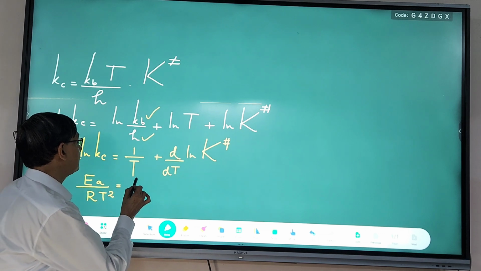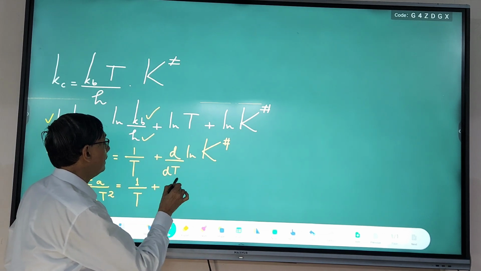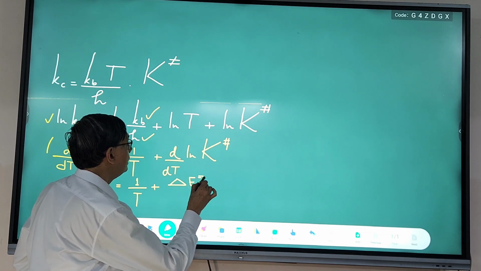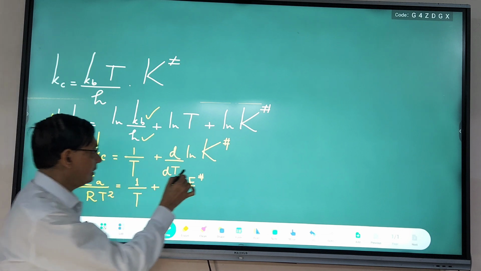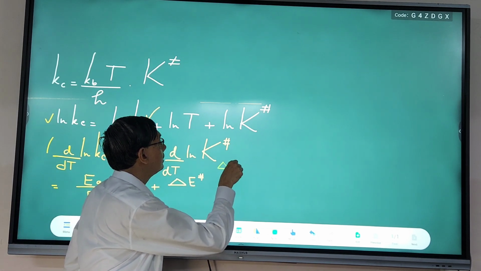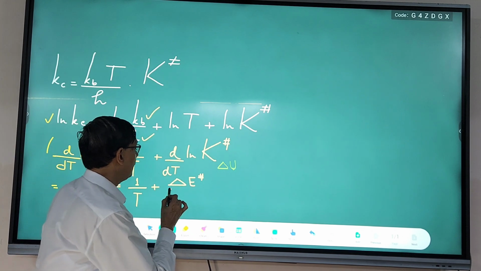So I can write 1 by T, then delta E, the internal energy, which in some books is written like that, but here I am using delta E by RT square.